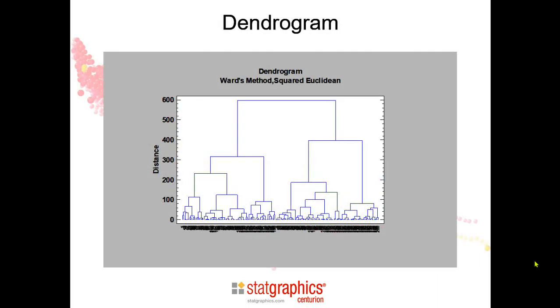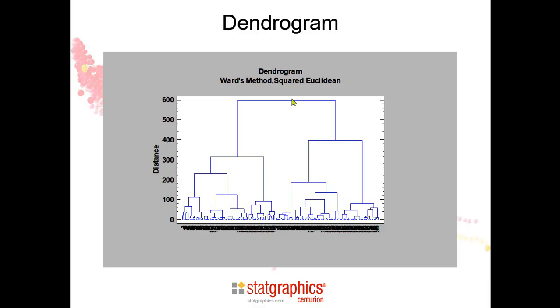Here you see the dendrogram created for our customer data using Ward's method. I've asked the algorithm to reduce the number of clusters from 200, those are the 200 individual customers along the bottom of the graph, down to a single cluster at the top.